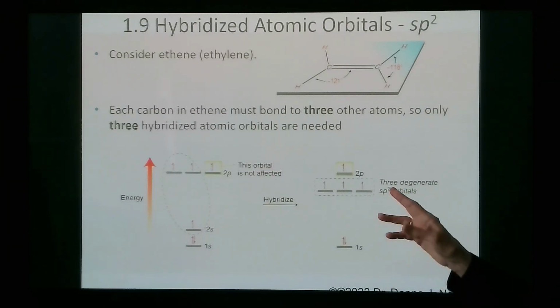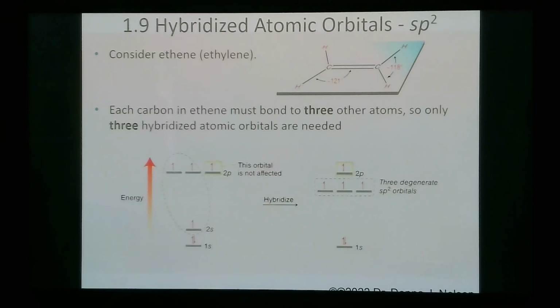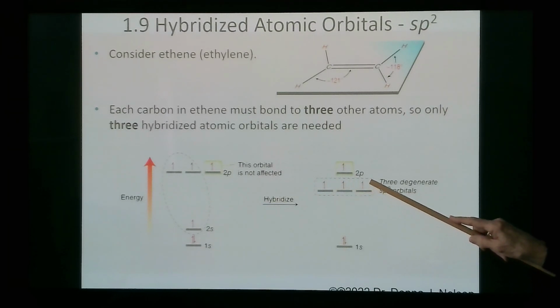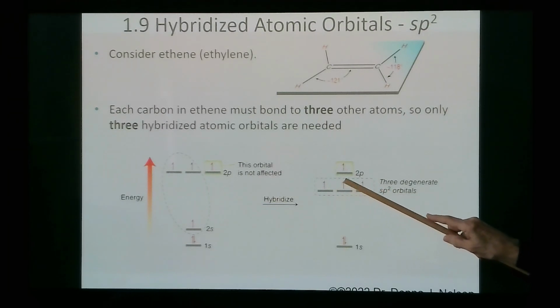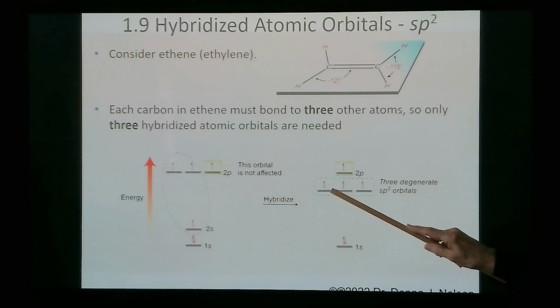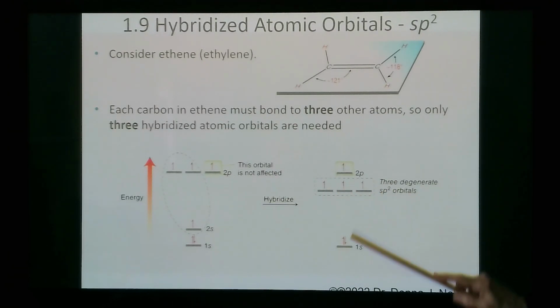And then, as shown here, each of those orbitals is populated by 1 electron from carbon. Now, this right now is not showing a bonding situation. So the second electron will come into each of these orbitals once the carbon is bonded.